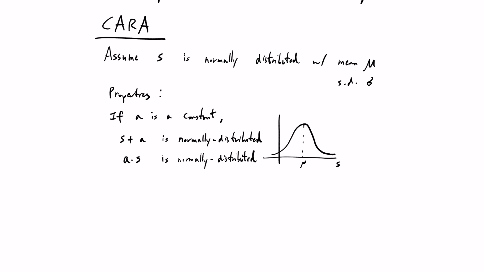So normality is preserved under addition and multiplication of constant terms. Now we're going to introduce something called log normal.